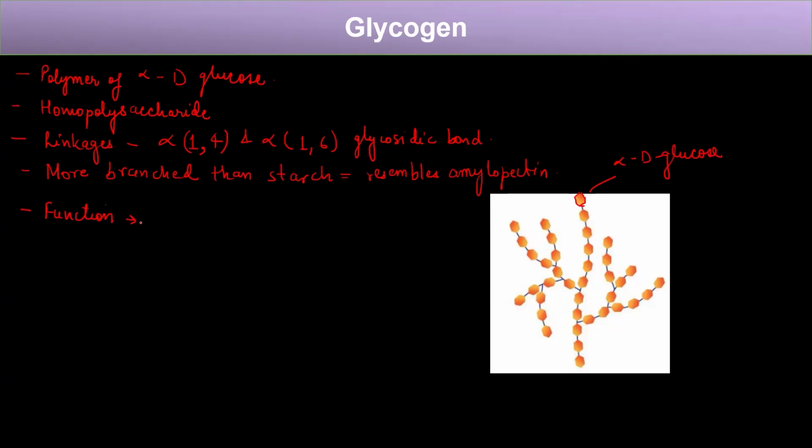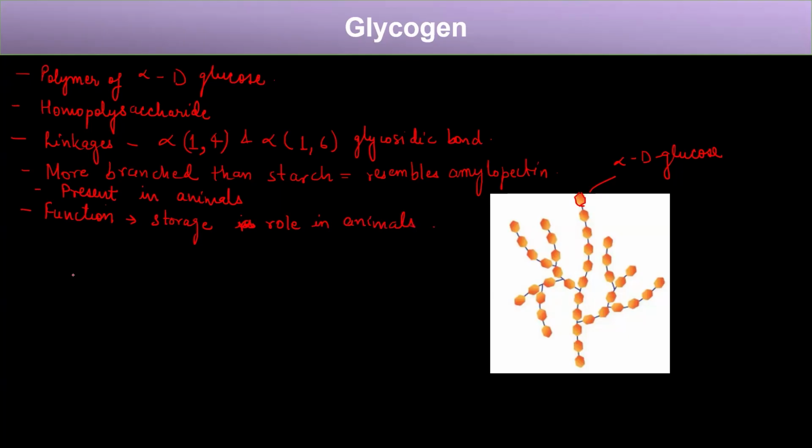Glycogen is present only in animals, and its function is a storage role in animals.